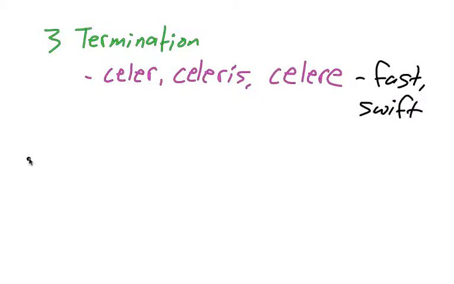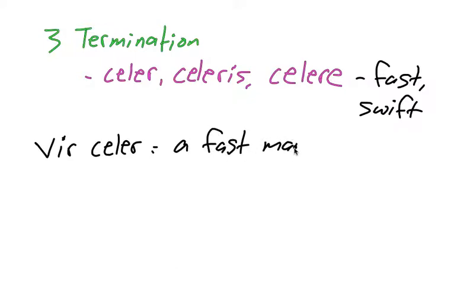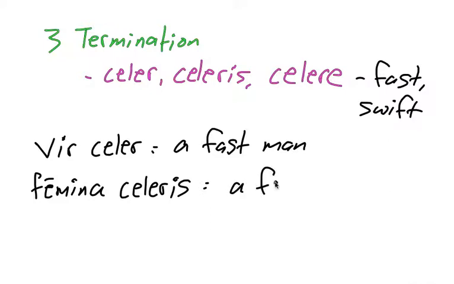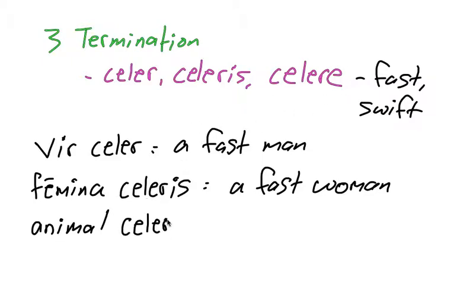Okay, so if I wanted to say a fast man, I would say vir celer. If I wanted to say a fast woman, I would say femina, and then I'd have to use the feminine form, celeris. And if I wanted to say a fast animal, animal, remember animal is neuter, and now I have to use the neuter form, celere.